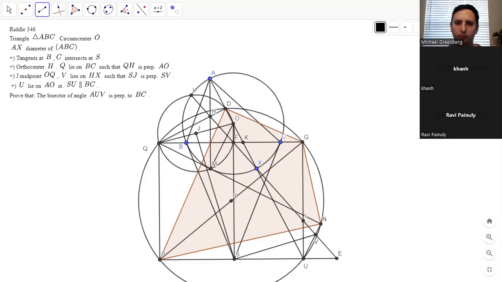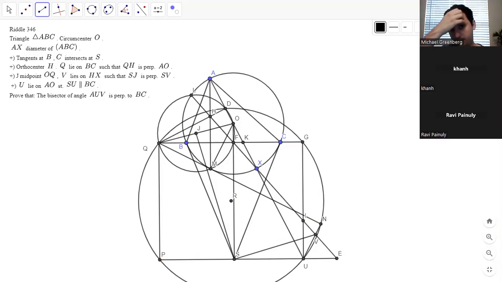So we just want to show GB equals GN, or PD equals PN, which is the same as showing this, but we know this is an angle bisector.